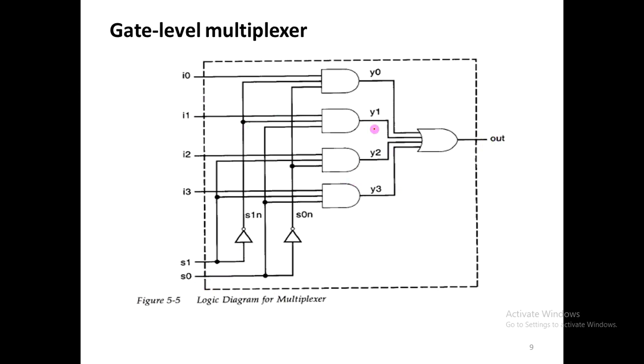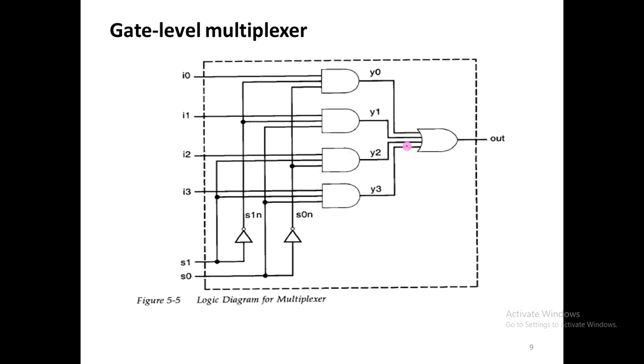We need 3 AND gates and 1 OR gate. These 3 AND gates are special AND gates because they are 3-input ones. First input is I0, and the next two inputs are your select lines, S1 bar and S0 bar. Here it is I1, S1 bar and S0. This is I2, S1 and S0 bar. This is I3, S1 and S0.